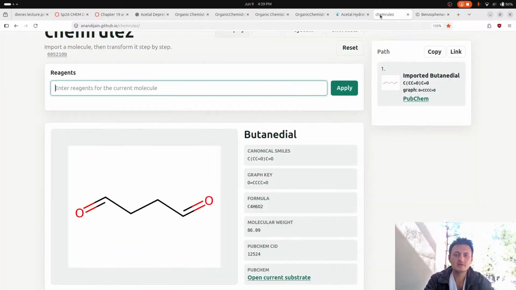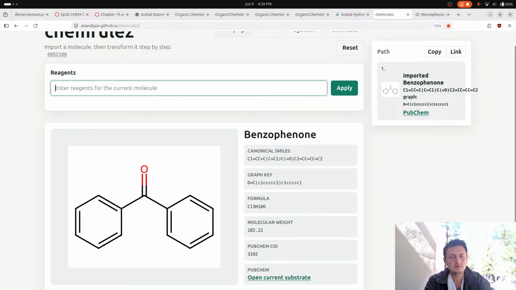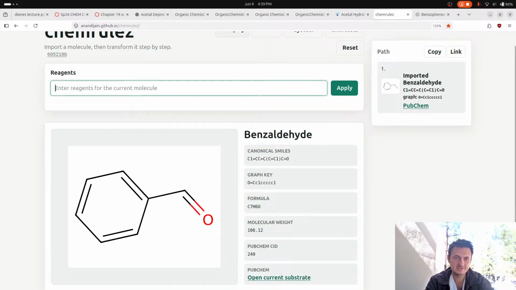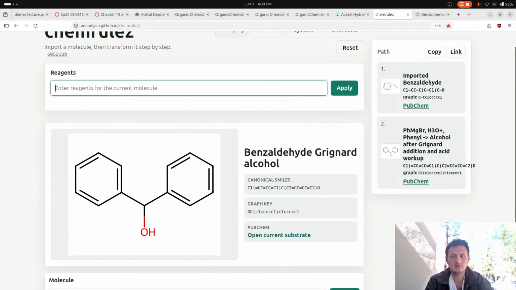So if I took benzophenone and then I reacted it with, oh wait, no. If I took benzaldehyde, and I reacted it with phenyl MgBr, bam, boom, so sick.